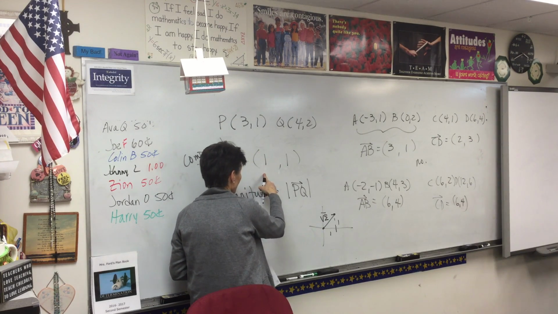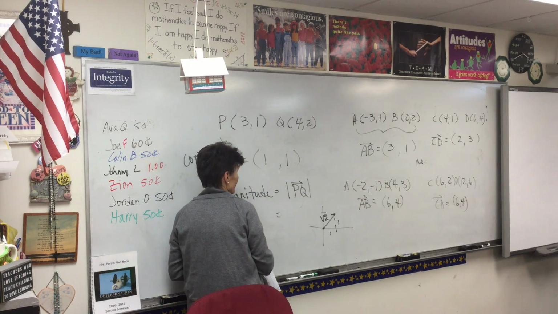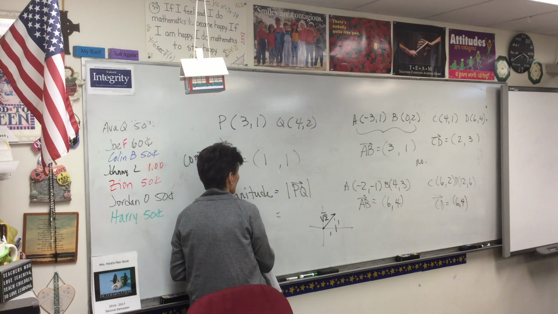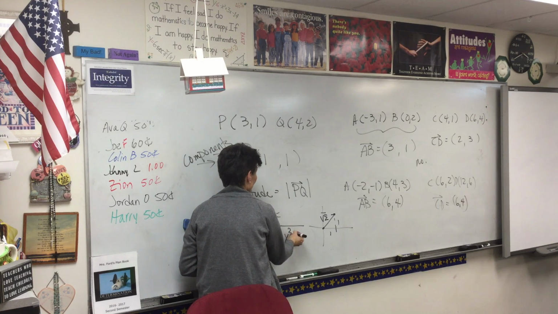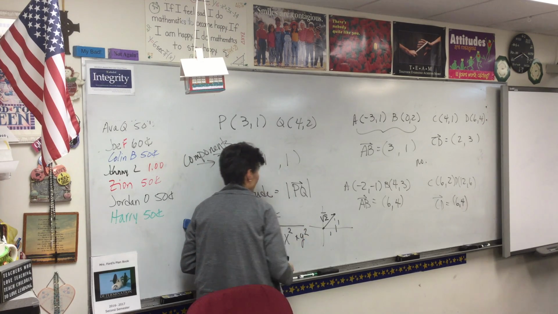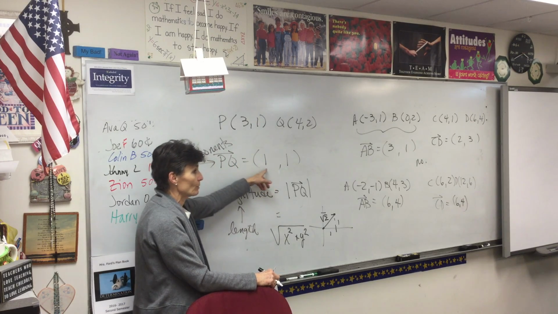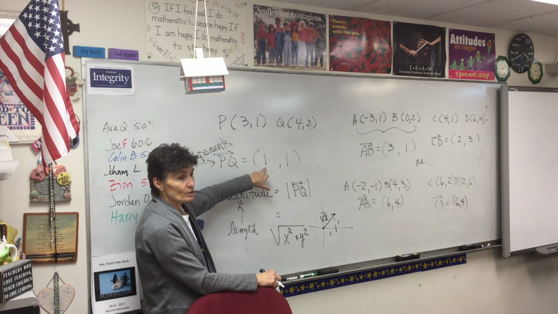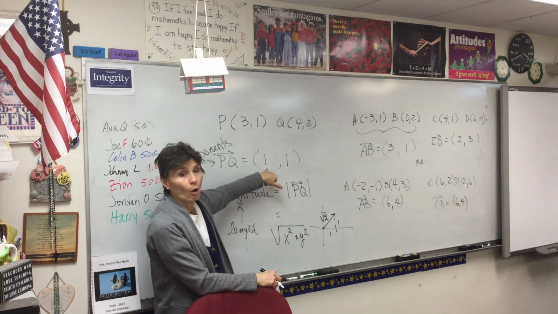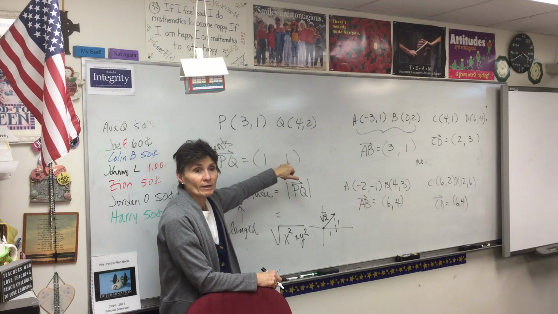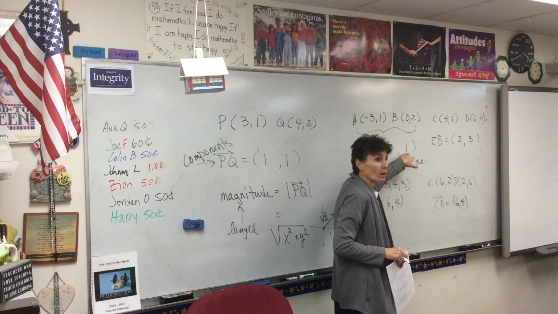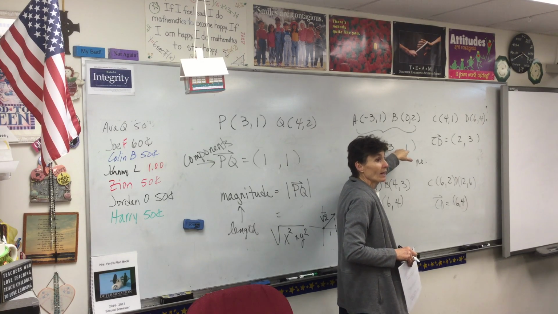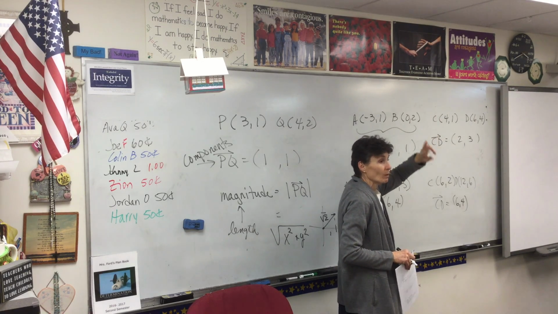As it turns out, a little shortcut that we'll be using all the time is, when you want to find the magnitude of the vector, you just square its x and square its y, add them up and take the square root. So if I know the coordinates are 1, 1, the magnitude is always going to be 1 squared plus 1 squared square rooted. The magnitude of this one would be 3 squared plus 1 squared square rooted.